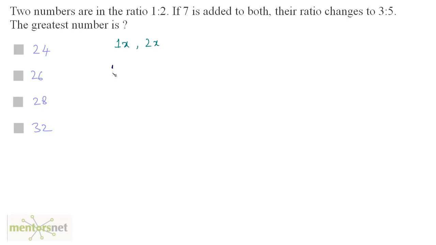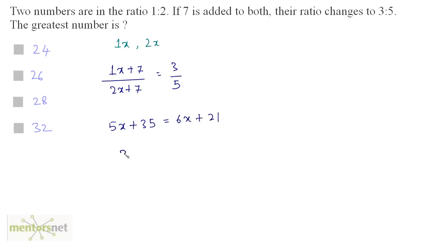So the ratio of 1x plus 7 and 2x plus 7 becomes 3:5. So 3 by 5. So I have 5x plus 35, that means 7 times 5 is 35, equal to 3 times 2, so 6x plus 21.